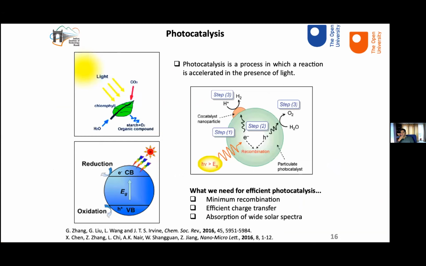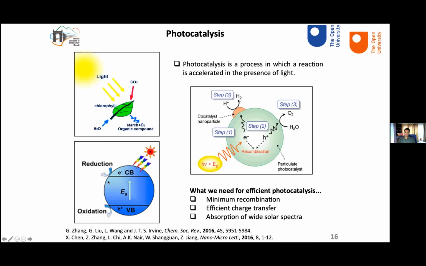the complex system of photocatalysis and others, since it's a chemistry department, I'm pretty sure you are familiar with photocatalysis. So photo is light, and catalysis is a catalytic material to accelerate the reactions. We learn lessons from nature, where the green leaves get light and oxidize the water molecule into oxygen.